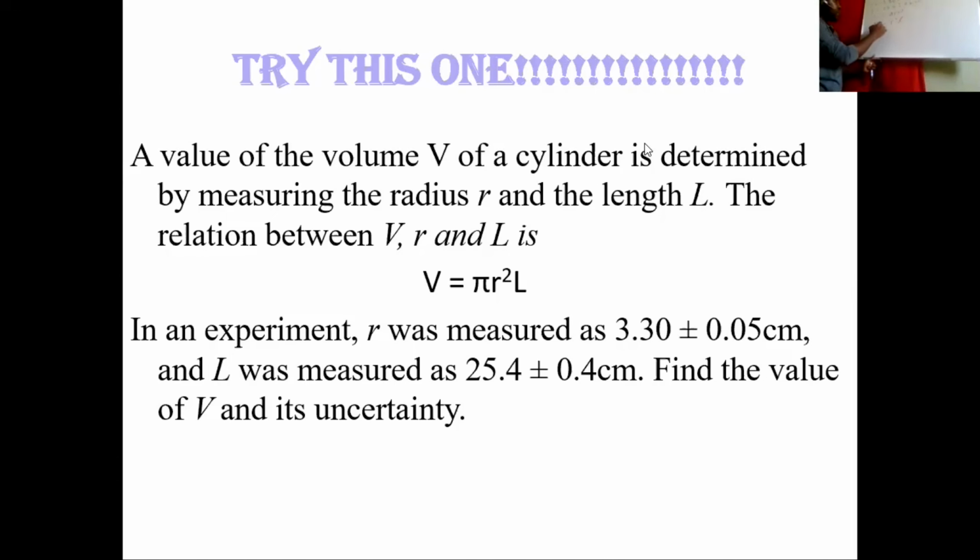First we find the value of V. So V is equal to pi R squared L. So we need to find what that value is. So it's 3.14 multiplied by R, and R is 3.30 squared, multiplied by L, which is 25.4.